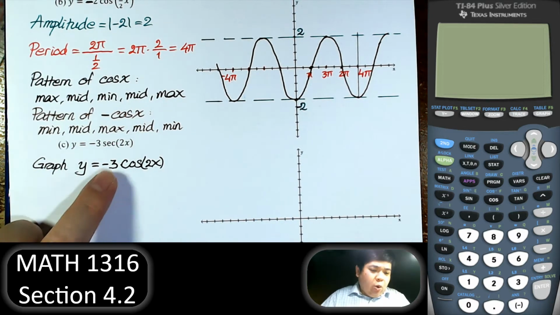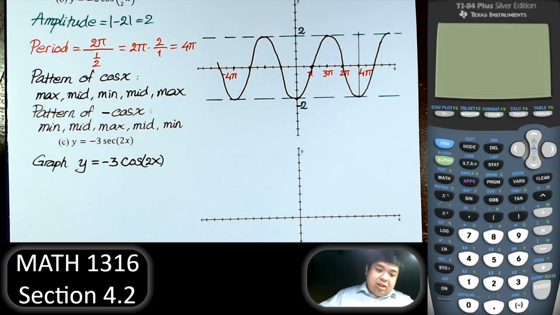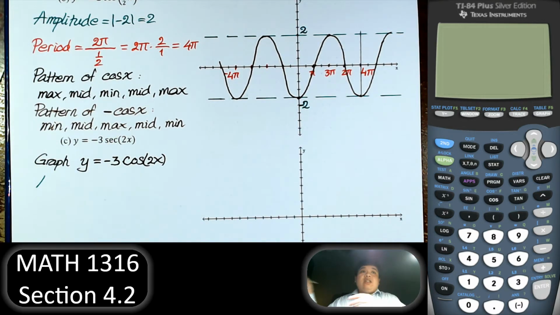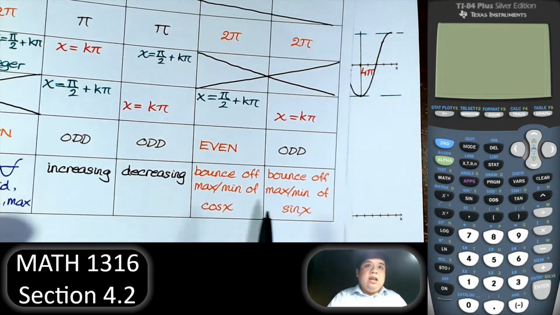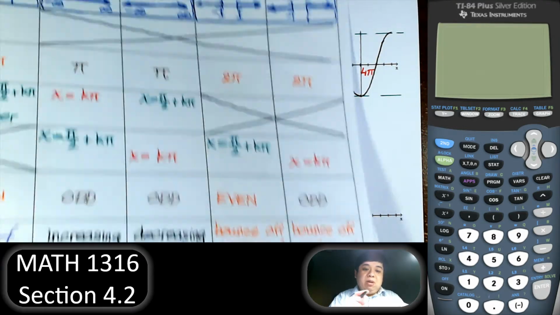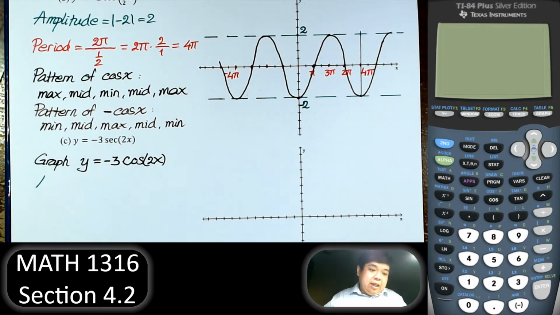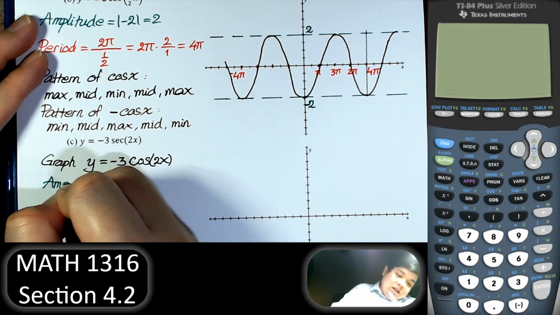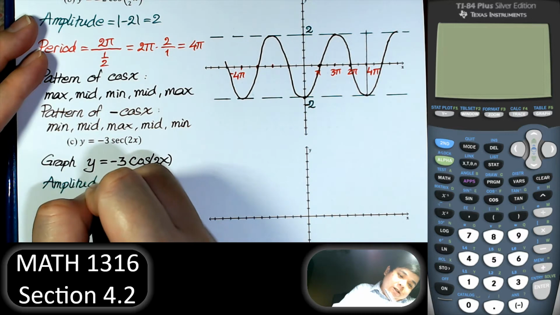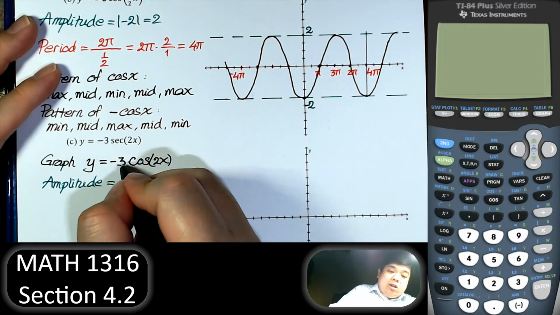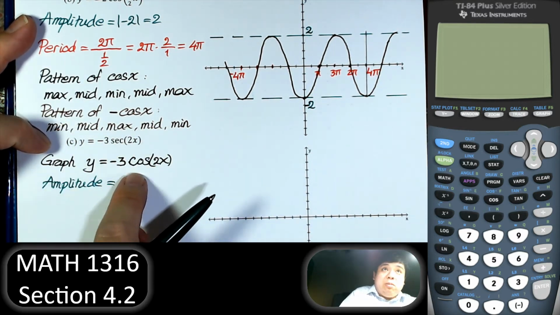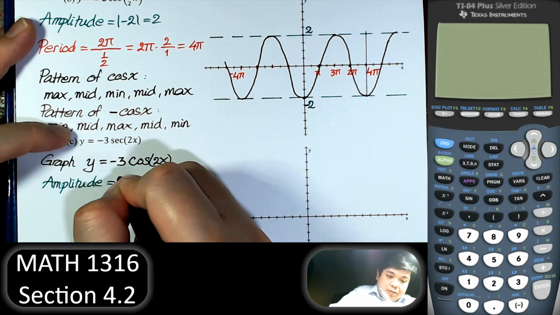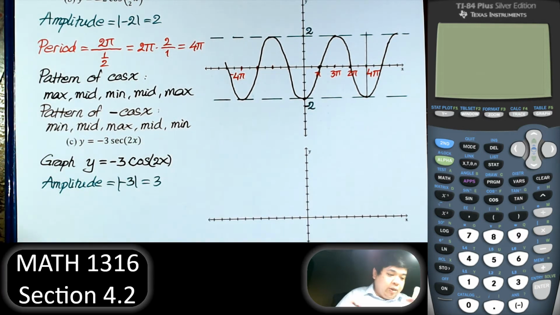Right, so for this function, what is the amplitude? By the way, the characteristic of secant and cosecant is that they bounce off the maximum and minimum of cosine, so we might want to consider that in the graph. Amplitude for this function, I'm only talking about the cosine function, negative 3, is 3.